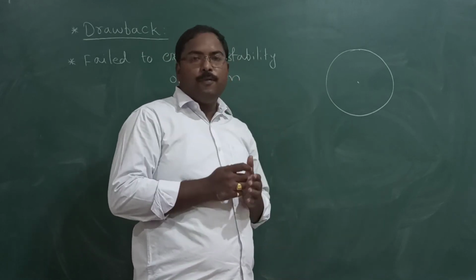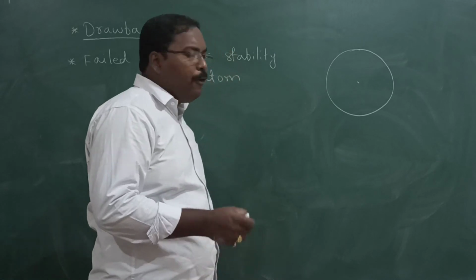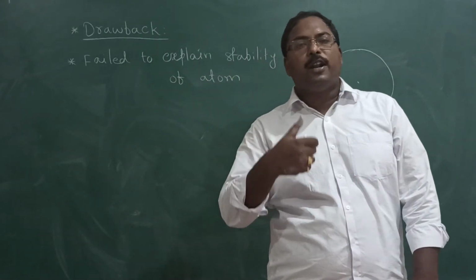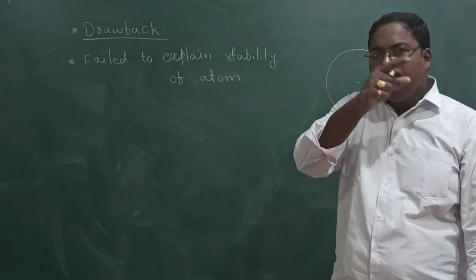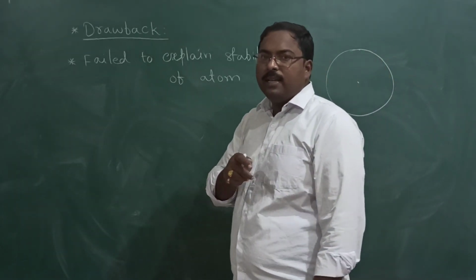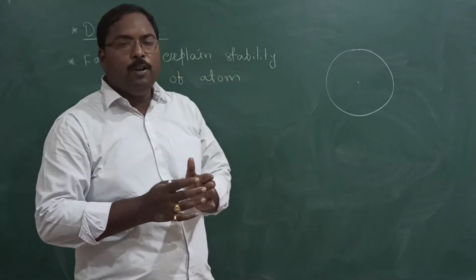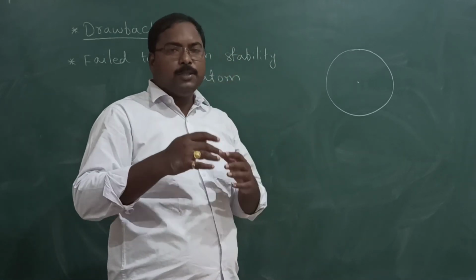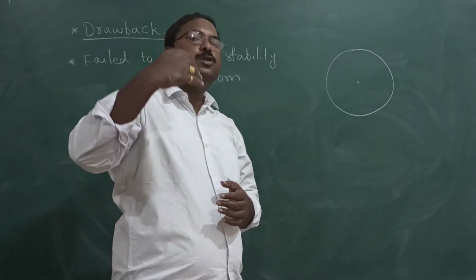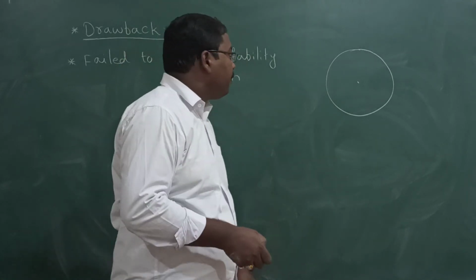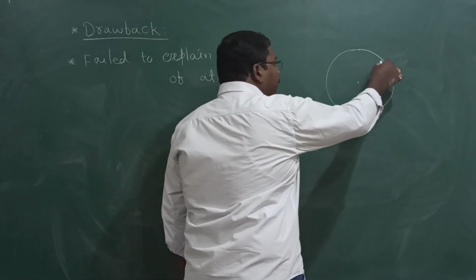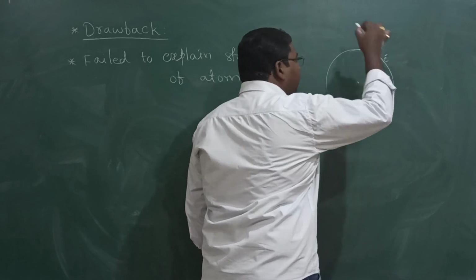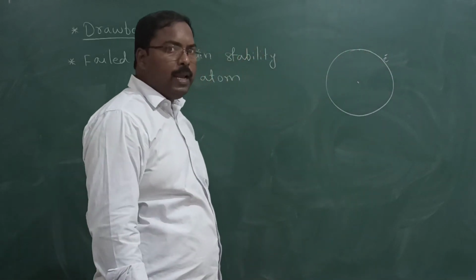According to the law of classical mechanics, every charged body should lose or radiate energy during motion. Generally in physics, we know every charged species, during motion, when it is doing work, has to radiate some energy. For example, let the position of our electron be here.